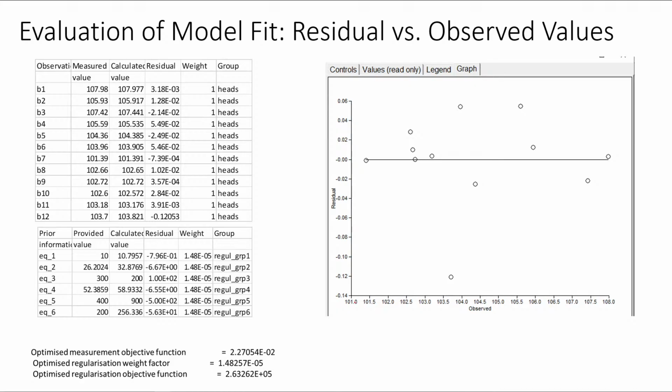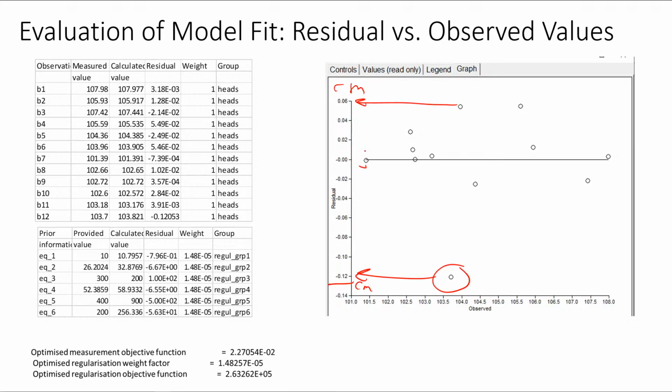So now this is the observed value. For this one I almost got zero. For this one, see here, this is my maximum error, like 12 centimeter. And here, this is my maximum positive error, like 6 centimeter.